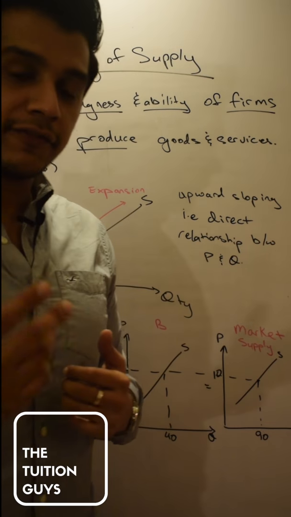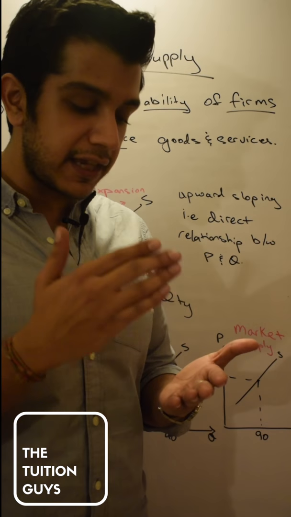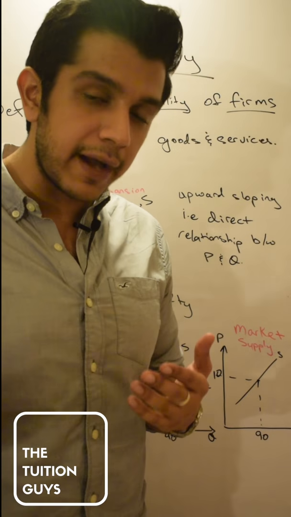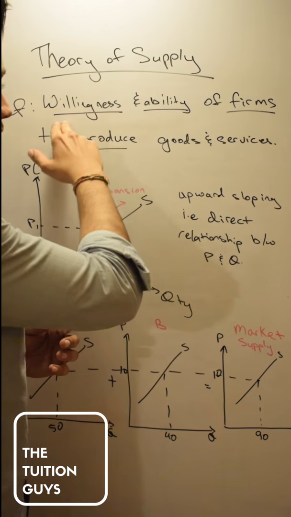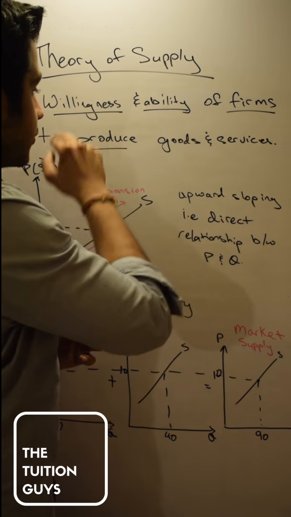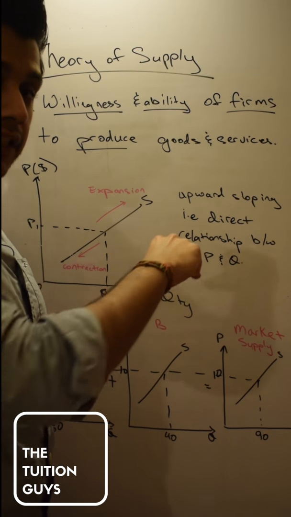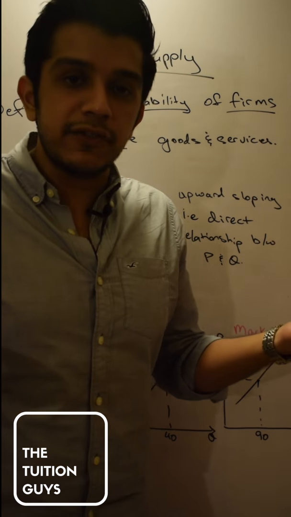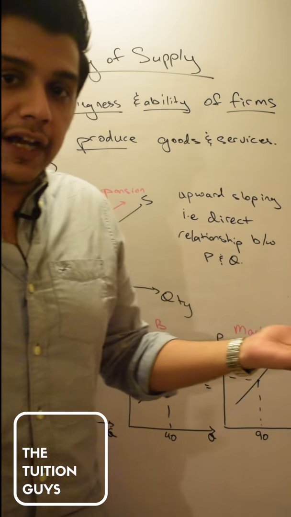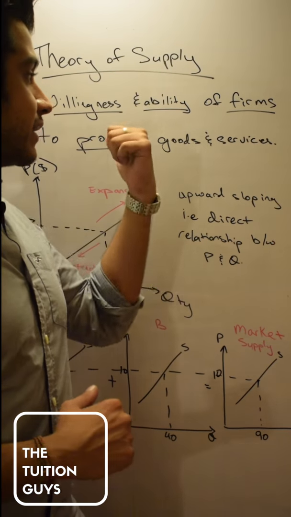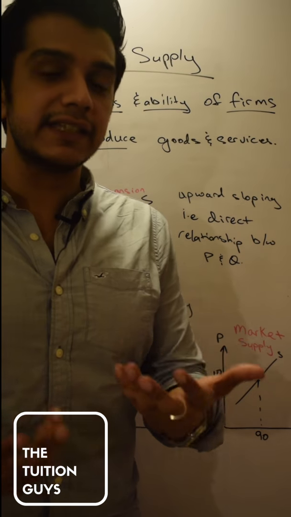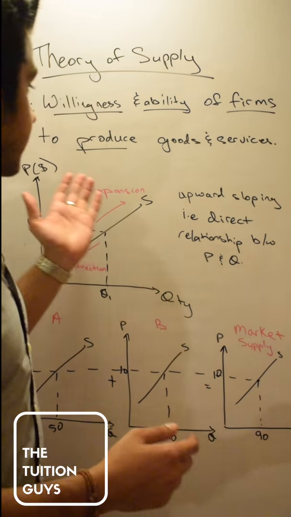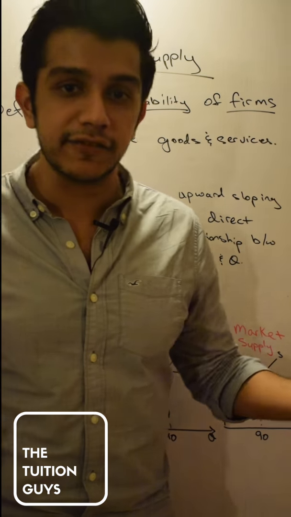Just like how the definition for demand was the willingness and ability of a consumer to buy a product, this over here is the willingness and ability of firms to produce goods and services. If I'm giving tuitions, I'm the supplier of the tuitions, yeah? I must have the willingness and the ability to actually give these lessons in the first place, yeah?